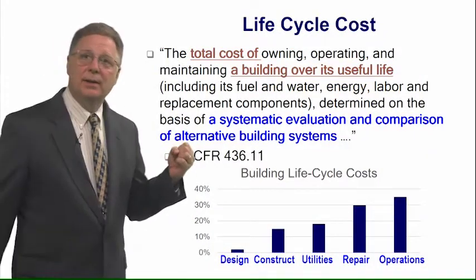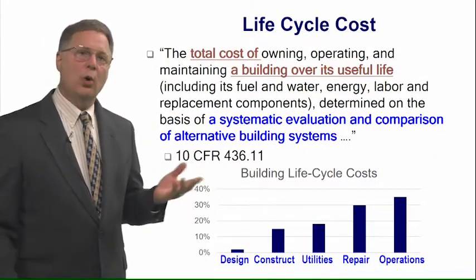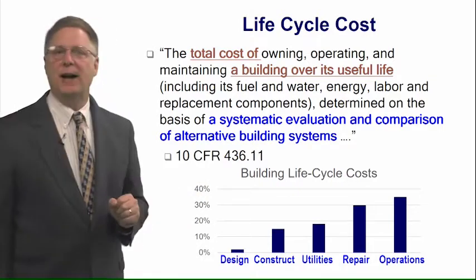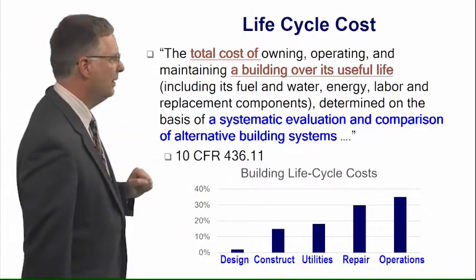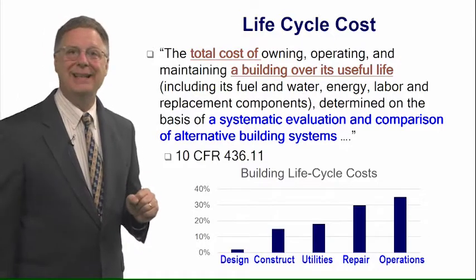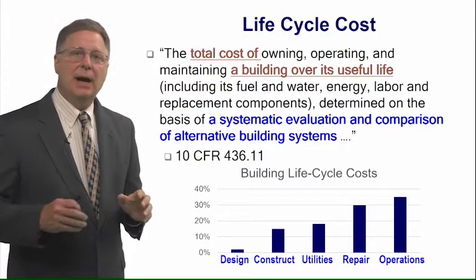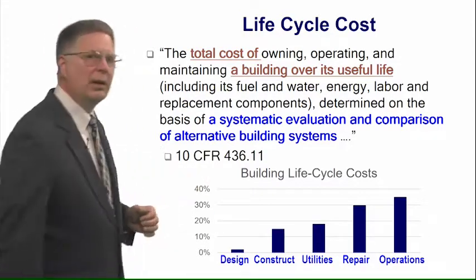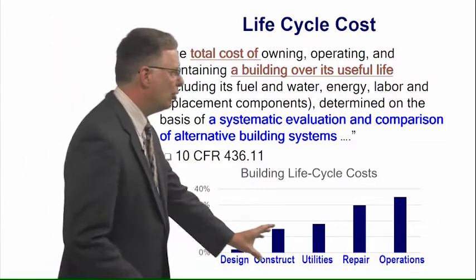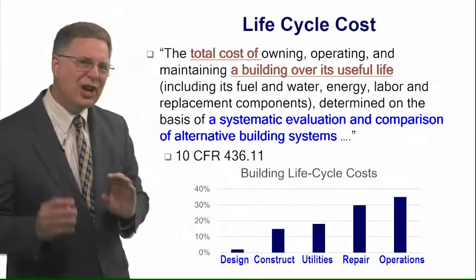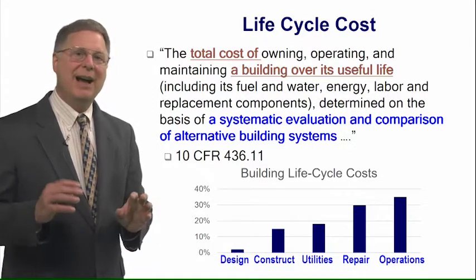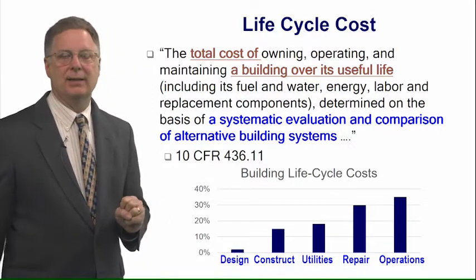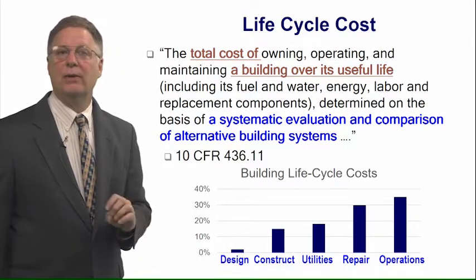So what is a life cycle cost? We'll go into the Code of Federal Regulations and it defines it for us. It's the total cost of owning, operating, and maintaining a building over its useful life. So I've got this highlighted that we're dealing with not just the initial construction. The initial construction generally is about 10 to 20% of the total life cycle cost that you'll ever run into.